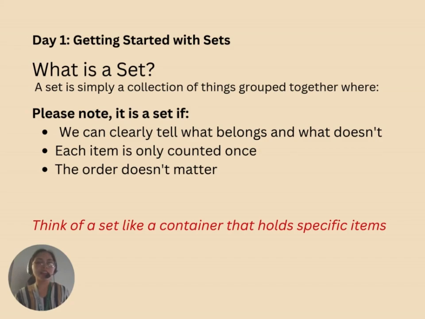Basically, it is a collection of things that belong together for some reason. That is a set. A simple way to understand it is to think of a set like a container that holds specific items. But of course, there are 3 super important rules that make something a proper set. First, we need to be able to clearly tell what belongs and what doesn't.